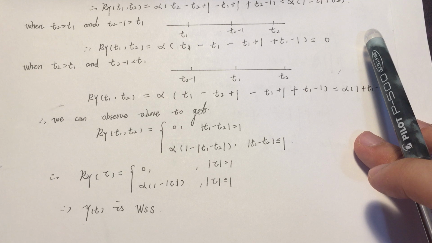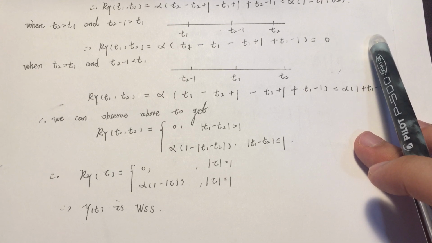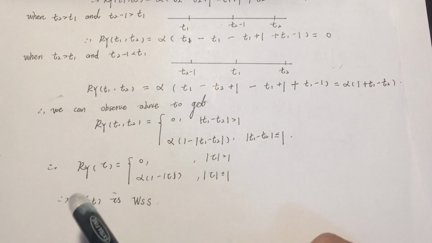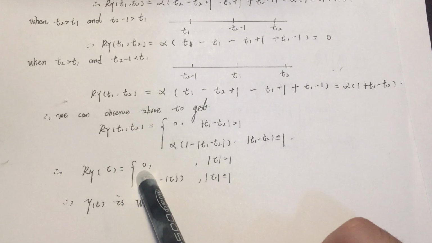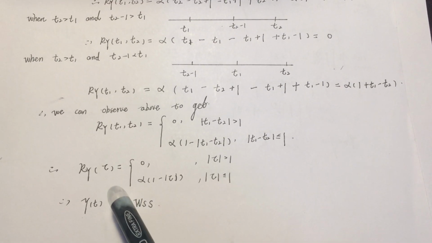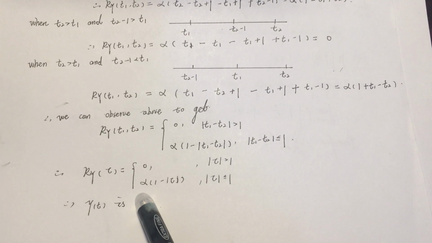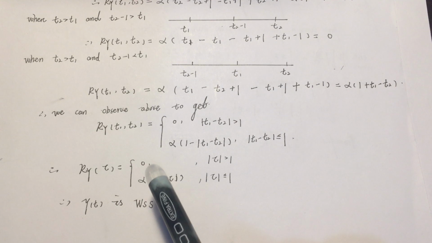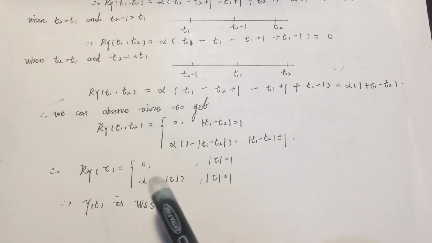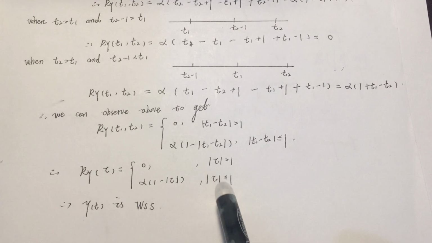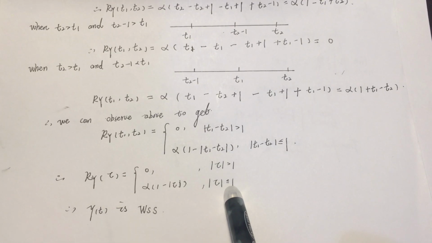So if we replace t1 minus t2 with tau, R_Y(tau) equals 0 when the absolute value of tau is bigger than 1, and R_Y(tau) equals alpha multiplied by 1 minus the absolute value of tau if the absolute value of tau is less or equal to 1.